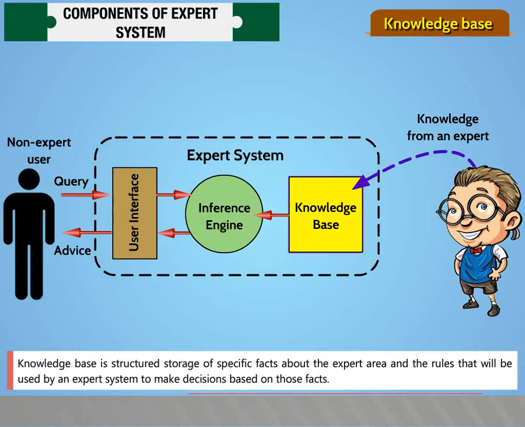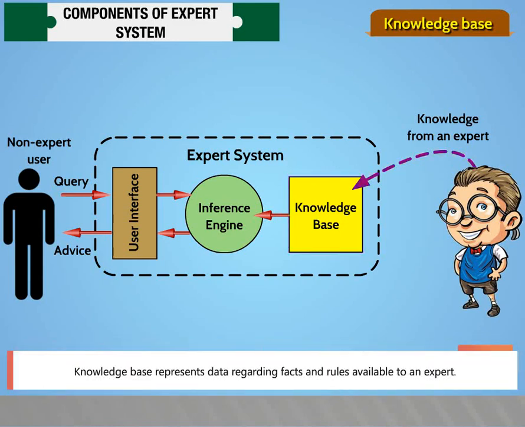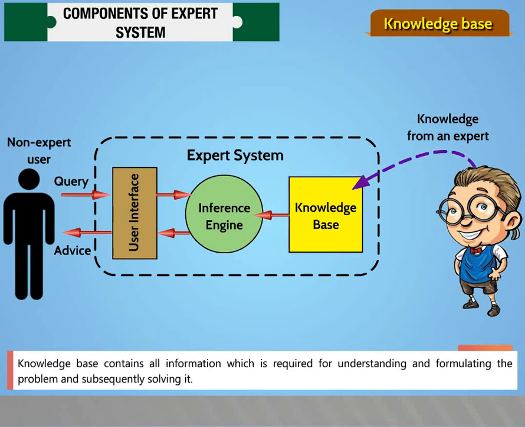Knowledge base is structured storage of specific facts about the expert area and the rules that will be used by an expert system to make decisions based on those facts. Knowledge base contains all information which is required for understanding and formulating the problem and subsequently solving it.